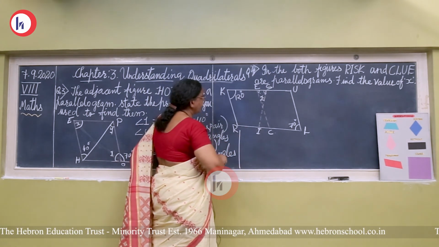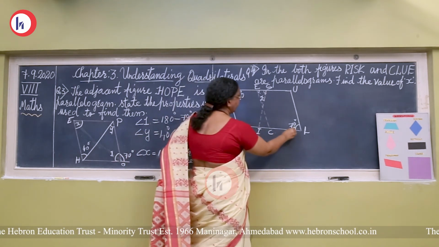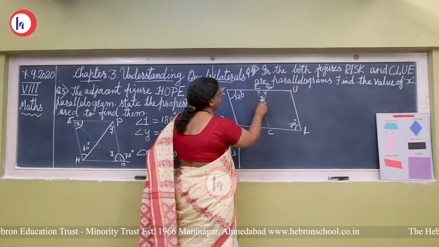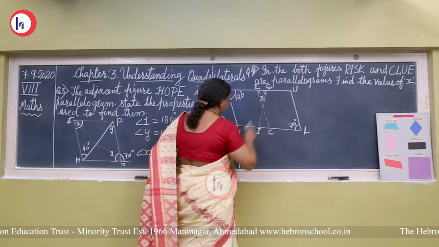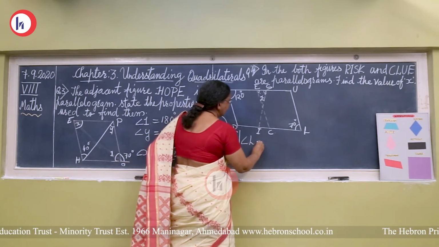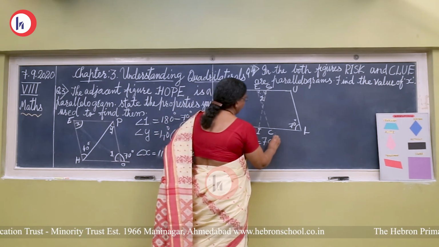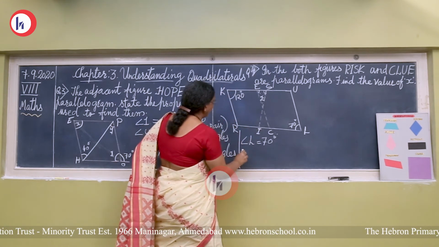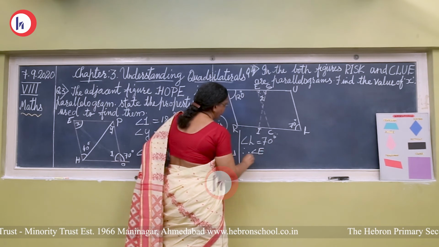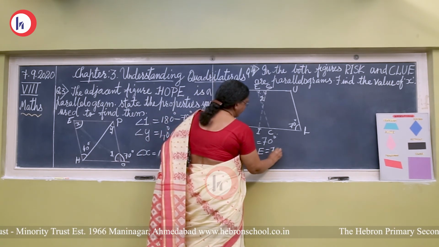First we already saw the 70 degree angle. We can find out that angle L is the opposite angle, angle L is equal to 70 degree. Therefore, angle E is equal to 70 degree.